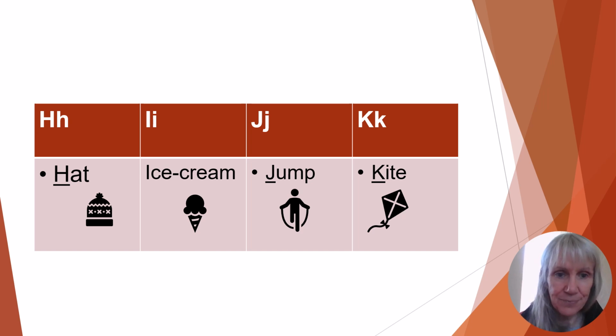Over here we have the I, the upper I and the lower I, and this can be seen in the word ice cream. And that's a long I sound we're hearing. Then we have the J. J can be represented by jump, and you see somebody jumping using the jumping rope. And then K can be kite. Okay? H, I, J, K.